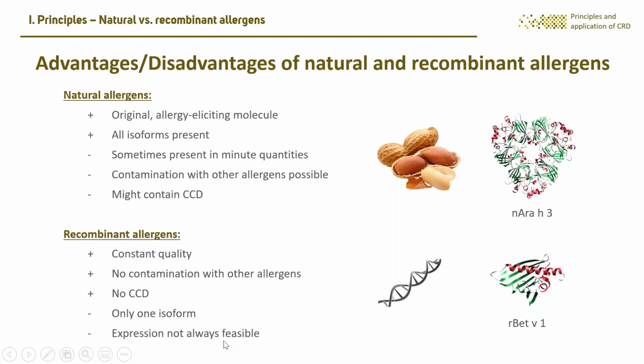And sometimes proteins can be really nasty things. They can be reluctant to be purified or expressed. In some cases, it is essentially not possible to produce a recombinant allergen protein. In such a case, you are limited to the natural allergen molecule.